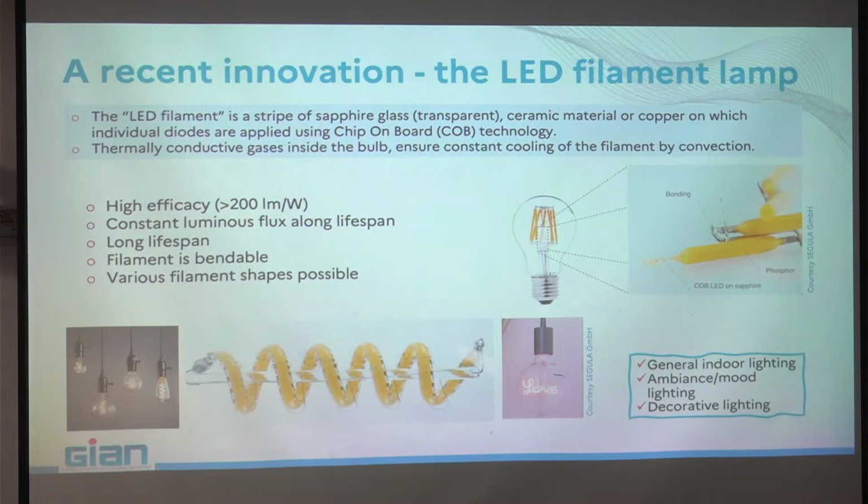How much time do I have? I have just two more and I finish. Okay. Well, here you see the more recent innovation is the famous LED filament lamp. Here, in fact, what is a filament is an alumina sapphire stripe, and on the top you have COBs, that means chip on board LEDs, placed on the sapphire, and each one is connected to the other in series, and we cover all the stick with phosphor, and we have something like filaments.